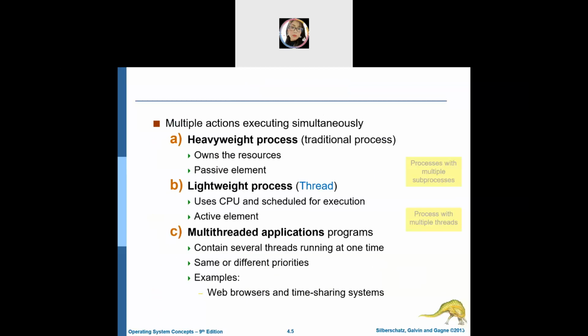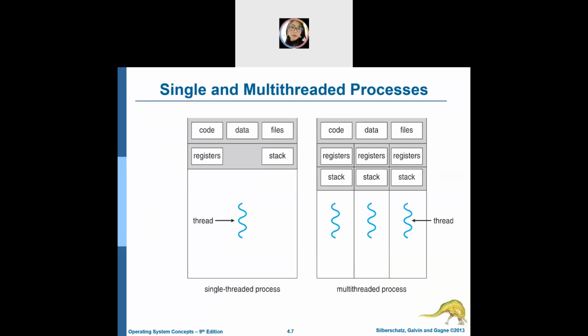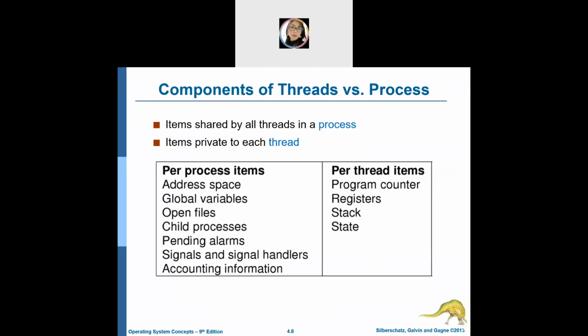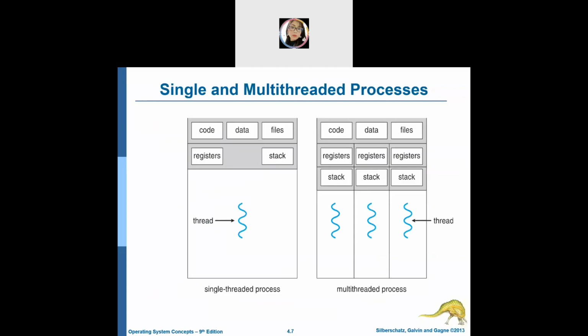So this is the view in graphic, in diagram, that you can relate from our first slide here. When you have single or multi-threaded processes, here you have only single threaded, so you're going to have only one.